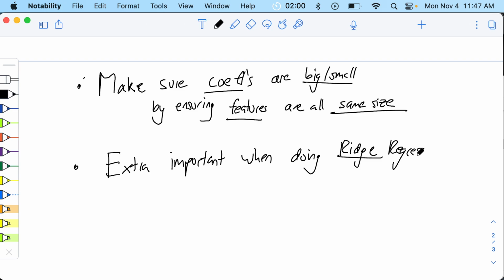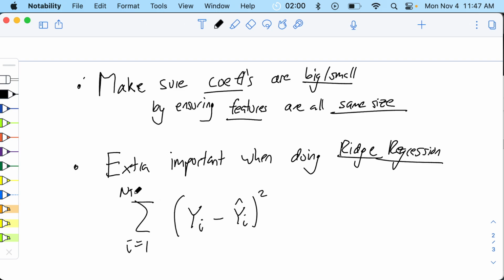So the main thing you need to know about ridge regression is what is the objective function. And the objective function is this: the sum of yi minus y hat i, squared. That's the ordinary mean squared error. So this was our training error.